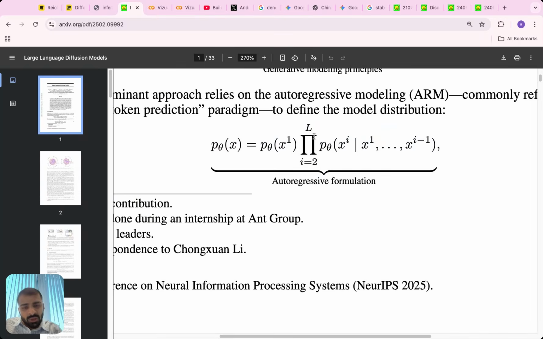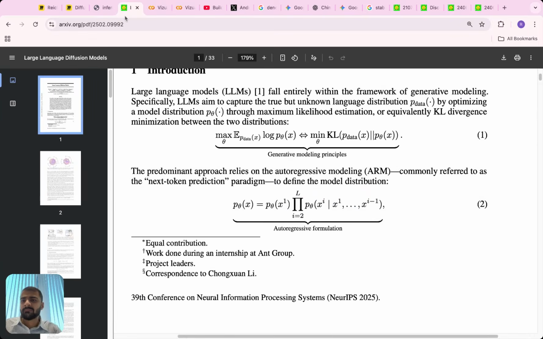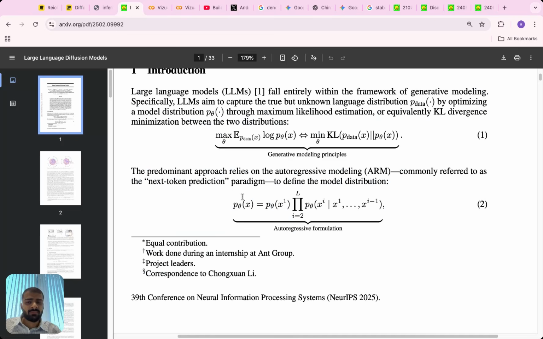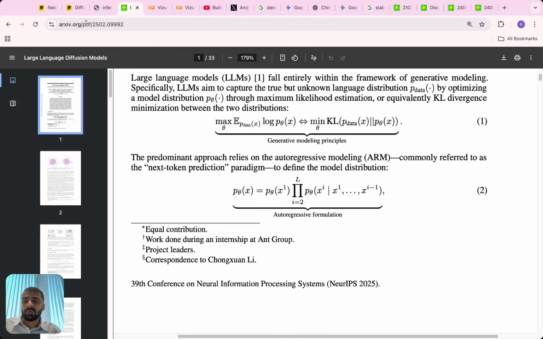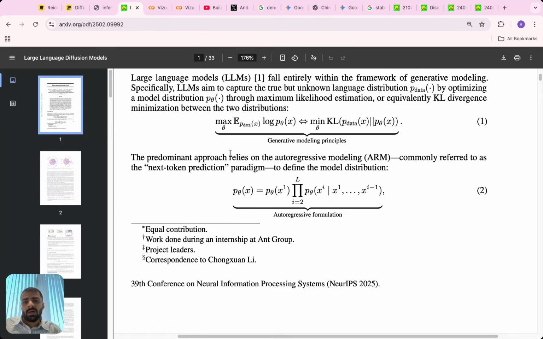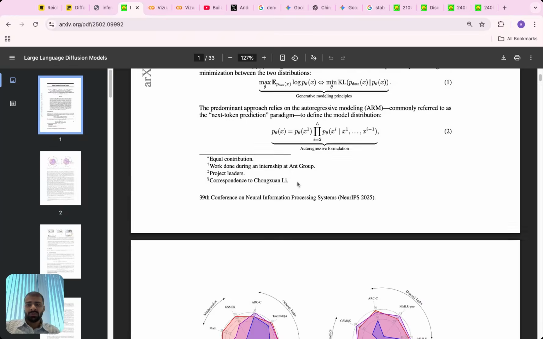But why can't diffusion be the default option? This is what Andrej Karpathy also mentions here: only text uses autoregression. Why should only text use this? Why can't we use diffusion models with text generation? That is the main thing which these authors asked.